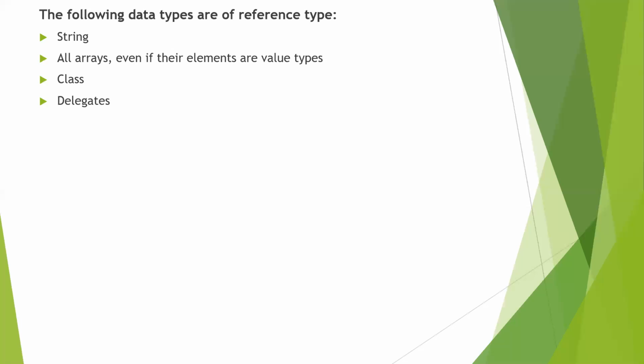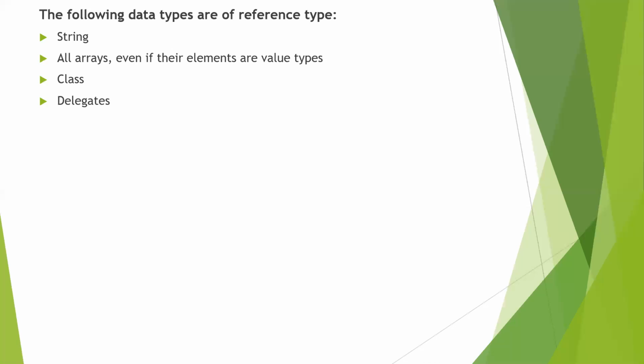So two things happen with a reference type. A value type is always faster, and a reference type is a little slower because it has two rounds. The points to note: a value type stores the value in its own memory space, whereas a reference type stores the address of where the value is stored.